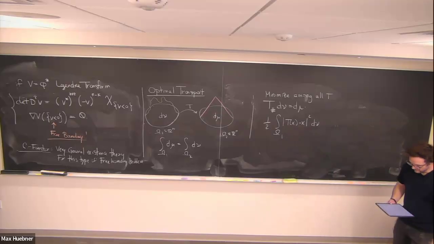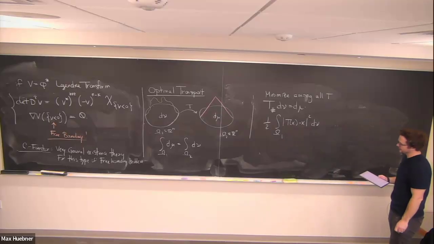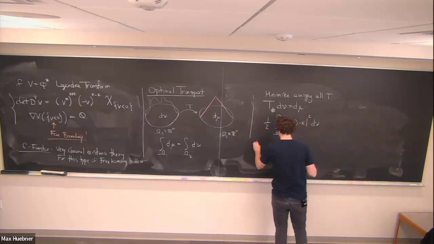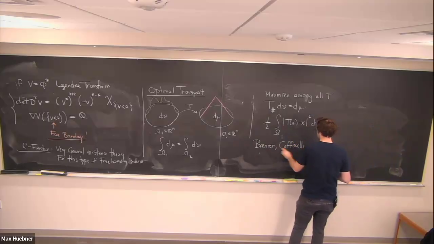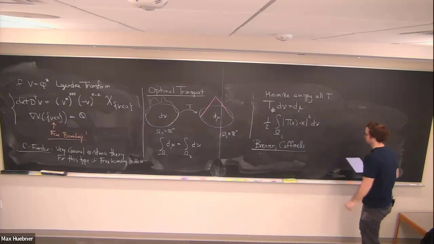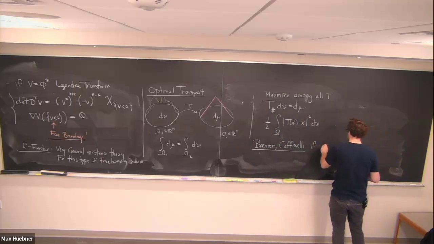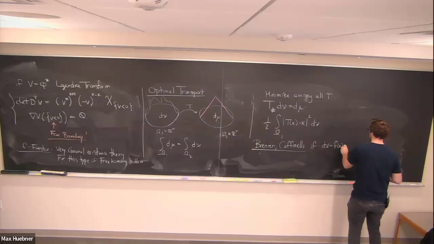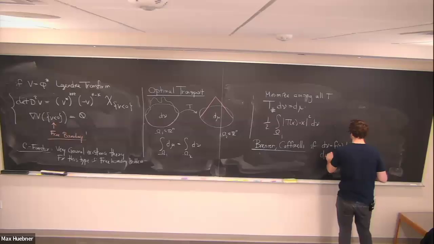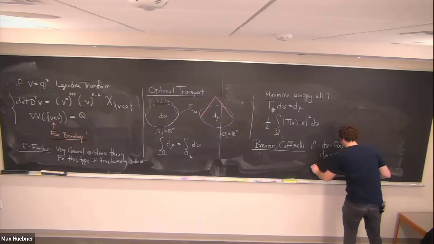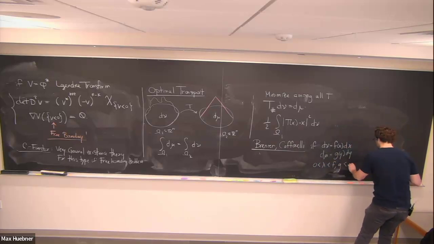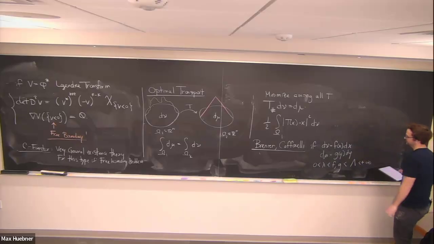Okay, so in the 80s and 90s, I want to say, there was Brenier, who showed that, and I guess also Caffarelli, so some combination of the work of these two showed that if d mu, or if these two measures are, say, absolutely continuous with respect to Lebesgue, d mu is g of y dy, and let's assume these functions are bounded from below and above on their domains.